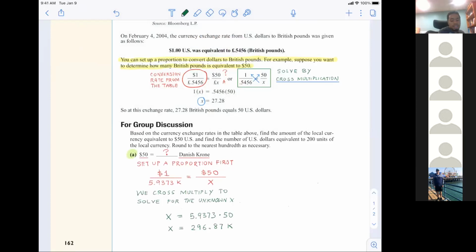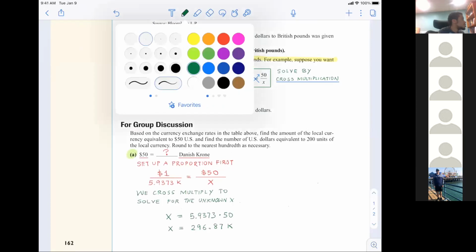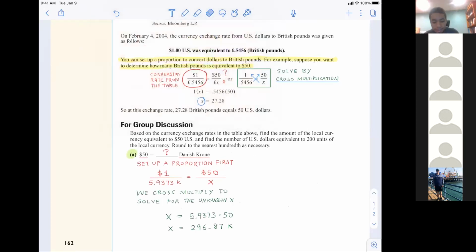So I'm going to write down the answer we just obtained here. Now we know the answer: 296.87 Danish crown. What if I ask you to look at this one here?